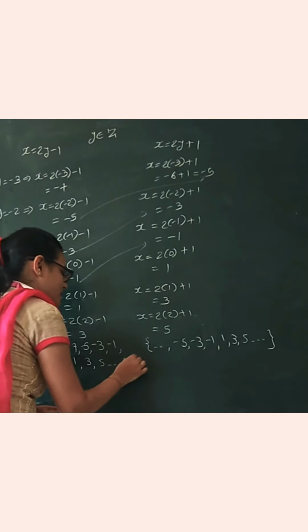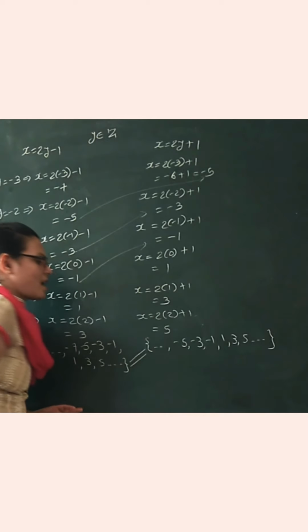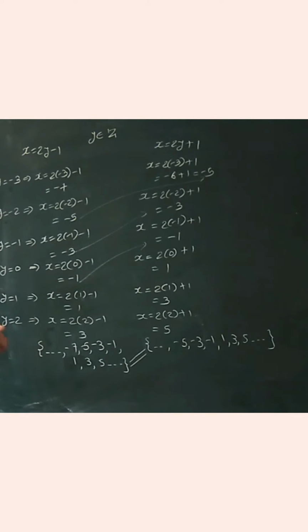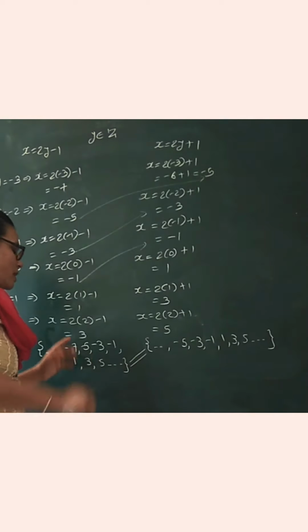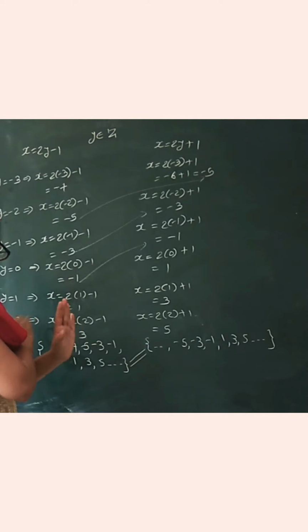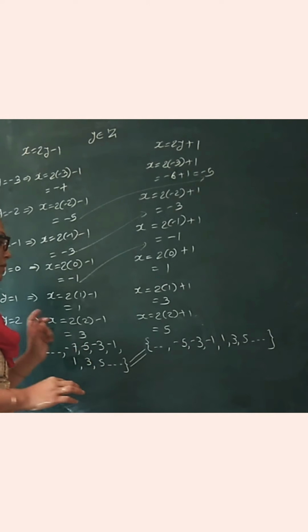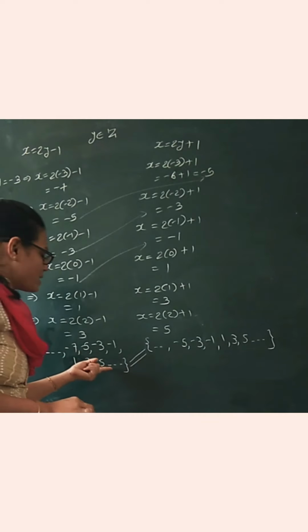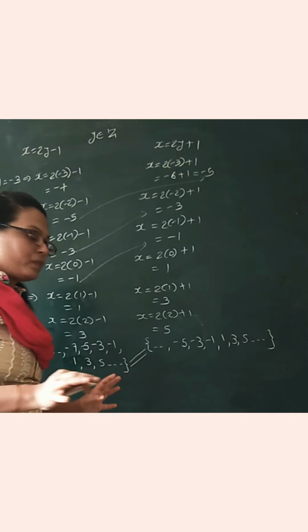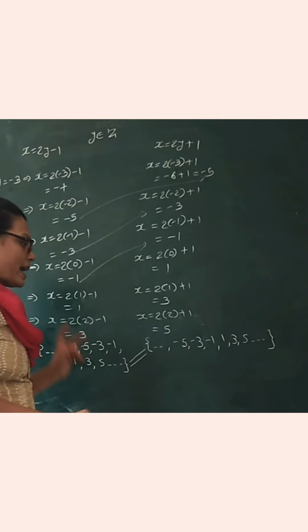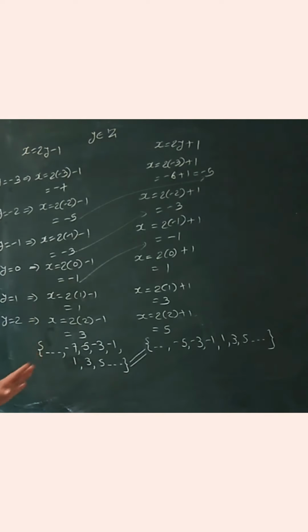So you can see both sets are equal. Why? Because the order doesn't matter. Meaning, if I write minus 7 last then it's fine, no problem with that. And second thing, you cannot repeat any number.